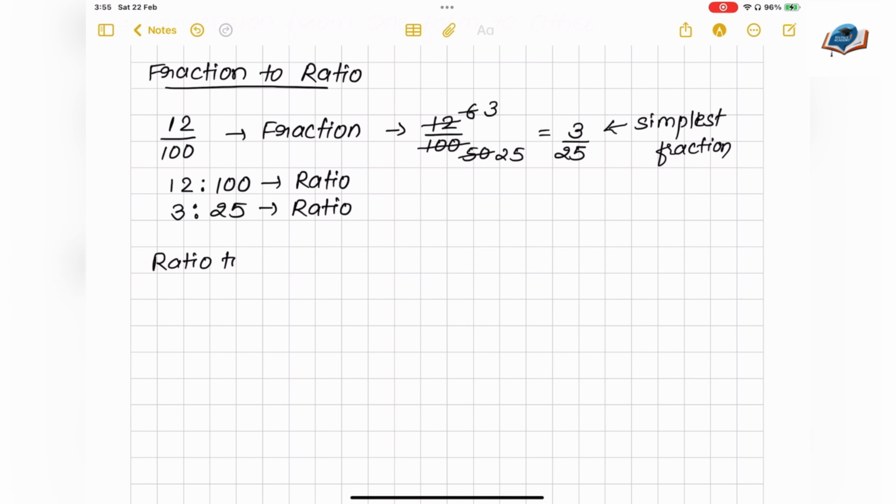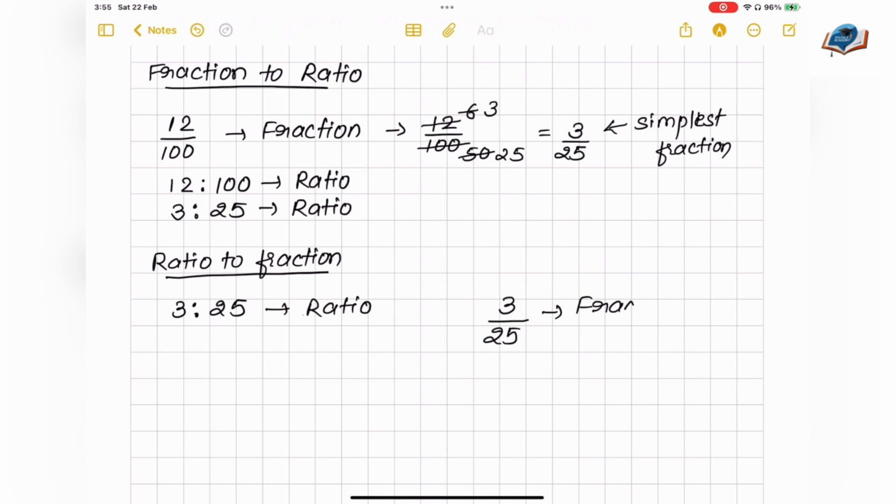Now, if I want to convert ratio to fraction, it is also a similar thing. Okay, I am given 3 is to 25, and I want to convert this ratio to fraction.